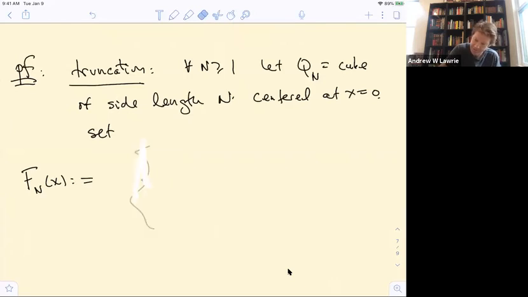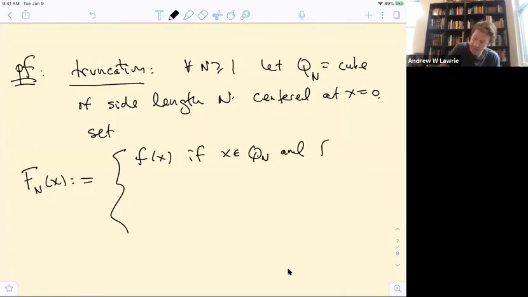F_n of x equals f of x if x is in Q_n and f of x is less than or equal to n.